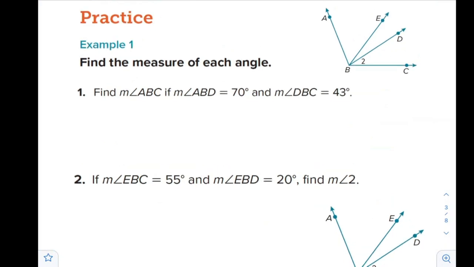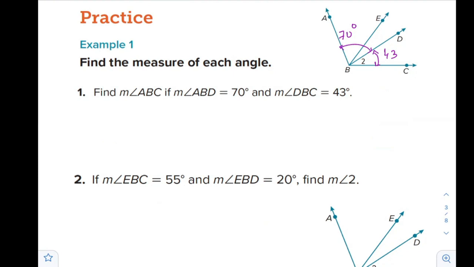Find the measure of angle ABC. I recommend you put the given information on the sketch or on the diagram. The measure of angle ABD, from here to here, is 70 degrees. The measure of angle DBC is 43.